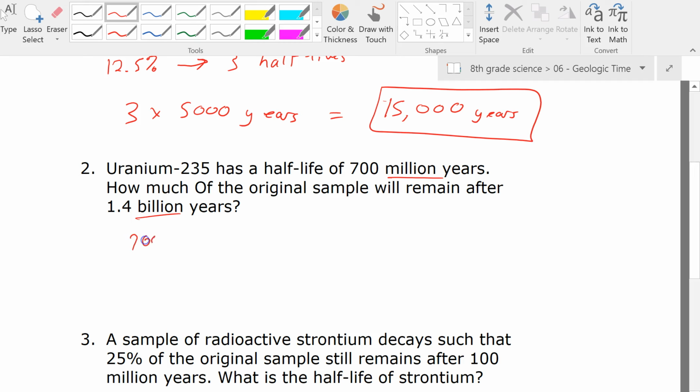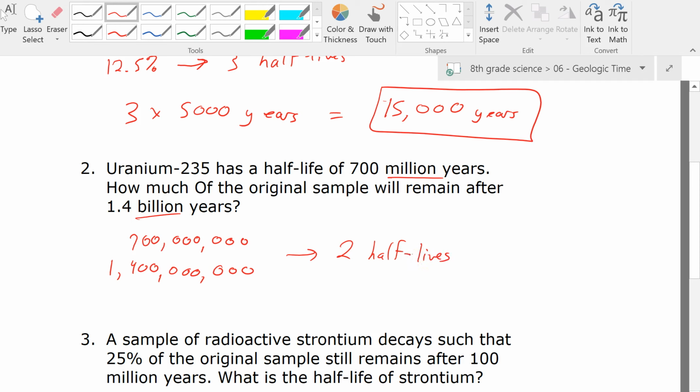So 700 million, with 6 zeros there, okay? And then 1.4 billion, 1,400 million. So 1.4 billion is 2 times 700 million. This leads us to the idea that 2 half-lives have gone by.